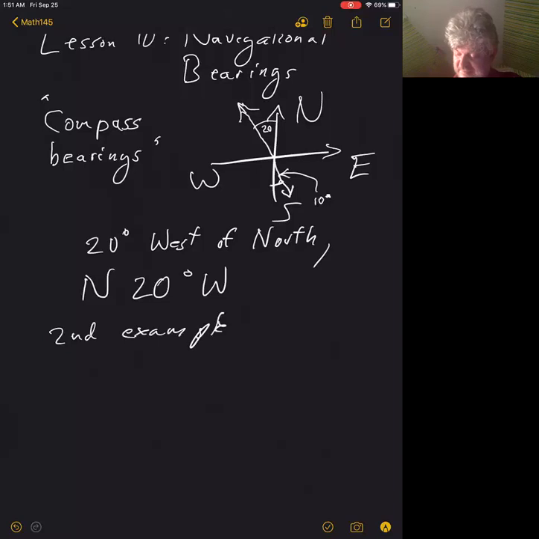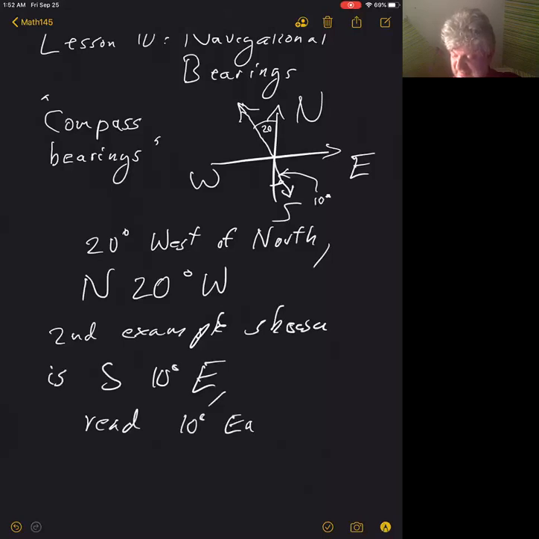The second example shown is south 10 degrees east, and you read it as 10 degrees east of south.